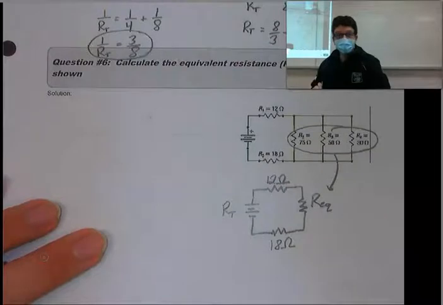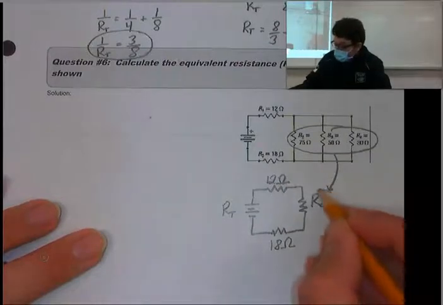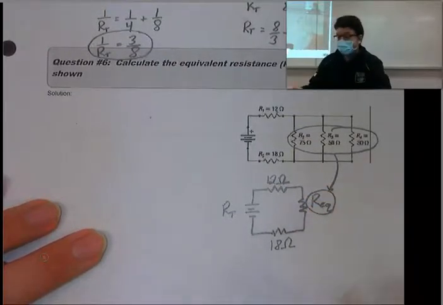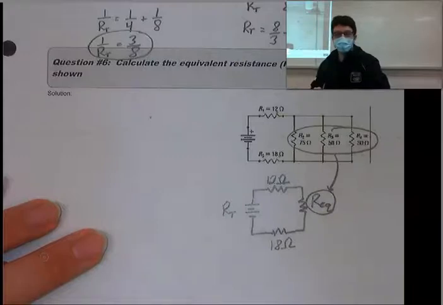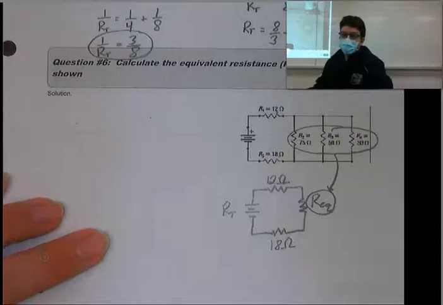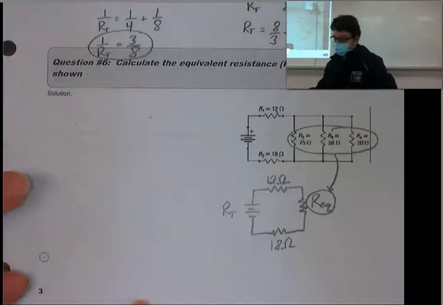But before I do that, I need to figure out what that equivalent resistance is. What resistor can I replace those 3 resistors with? To do that, we're going to have to use our law for adding resistors in parallel.